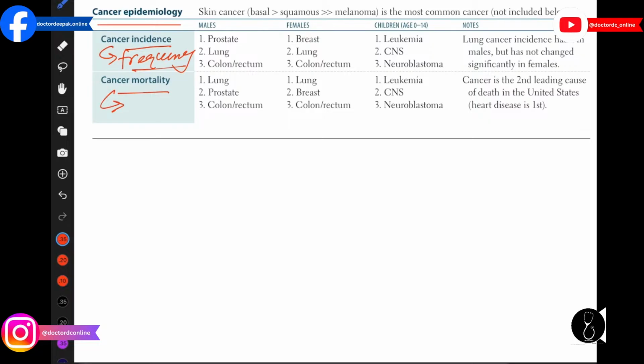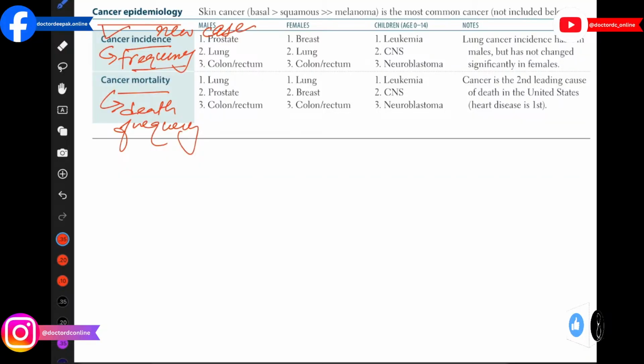Mortality means death: the state of being subject to death, or the relative frequency of death in the population. Incidence is the frequency of new cases, and mortality is the frequency of death after getting that disease.